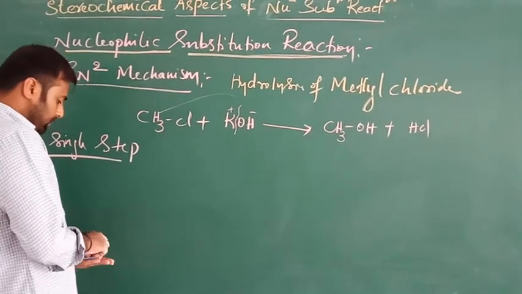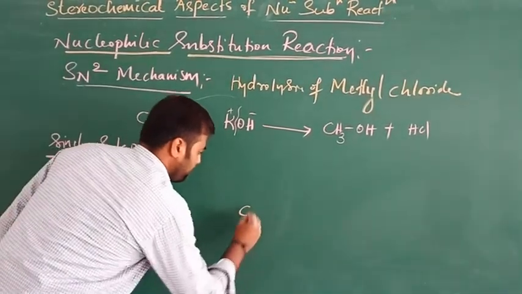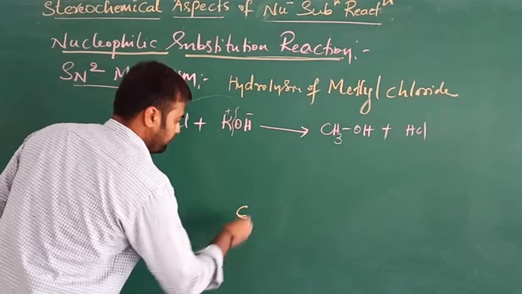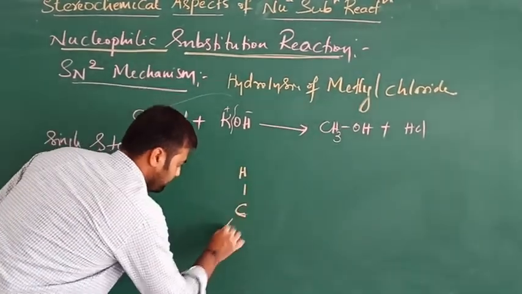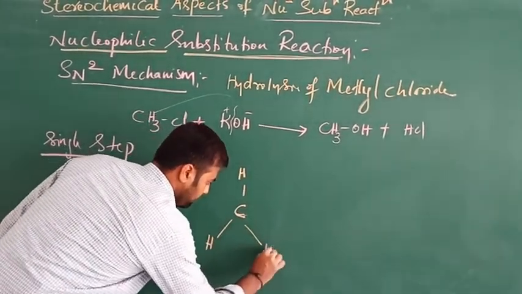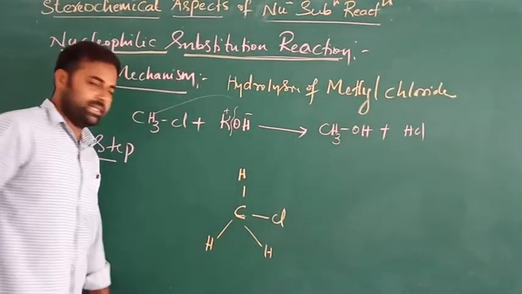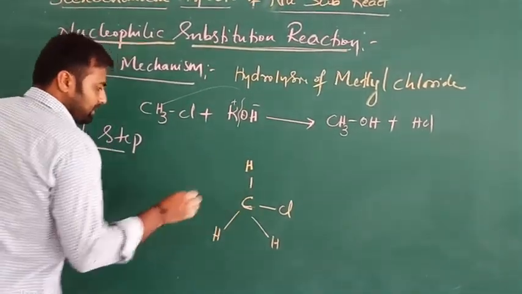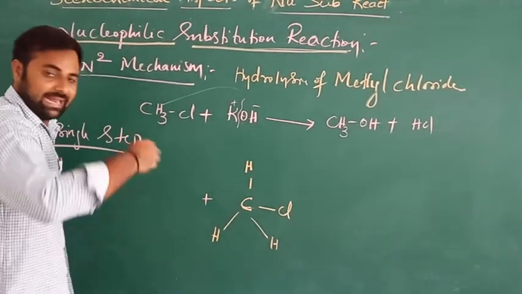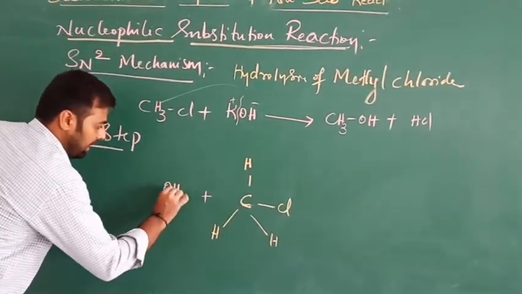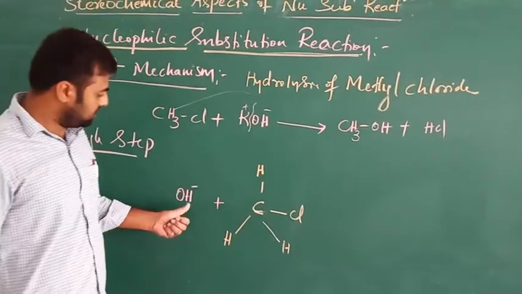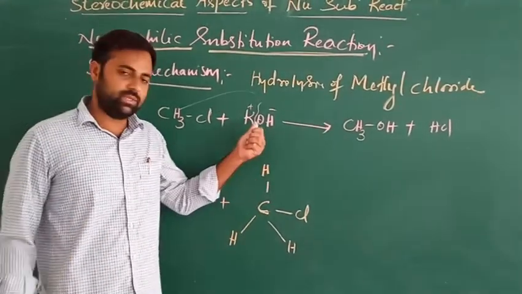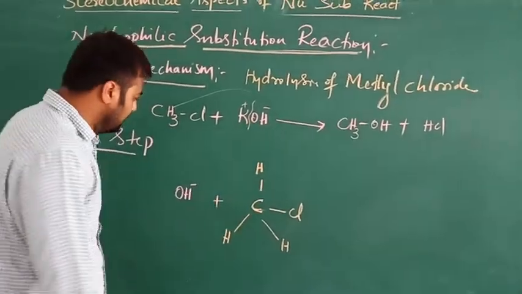Consider this methyl chloride molecule. This methyl chloride molecule is attacked by a nucleophile, that is OH minus. This OH minus is obtained by the dissociation of the KOH molecule.